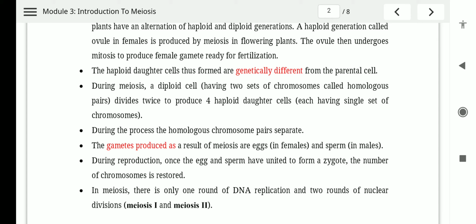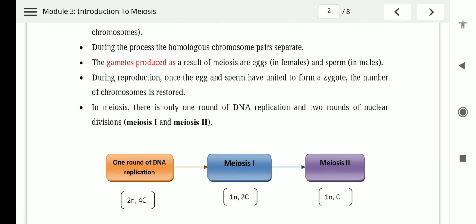Students, in meiosis division, one round of DNA replication occurs and 2 rounds of nuclear division occur. We have learned that in the S phase of the cell cycle, DNA is replicated, so the amount of DNA increases and becomes double. Only in meiosis does DNA replication occur one time, but cell division occurs 2 times. Look here, 1 round of DNA replication.